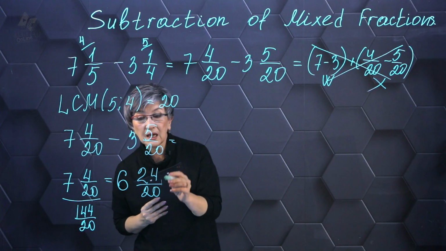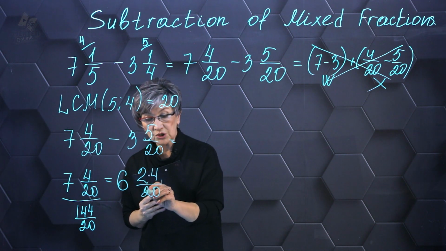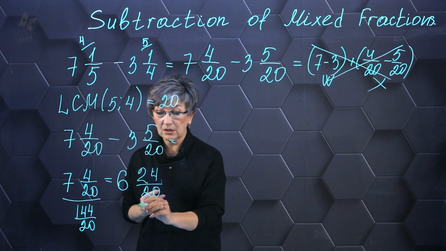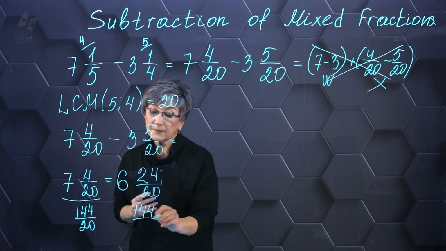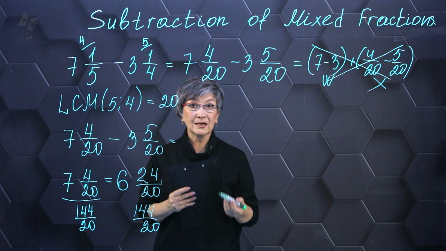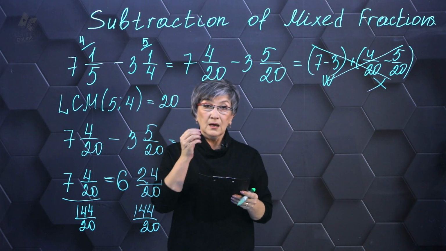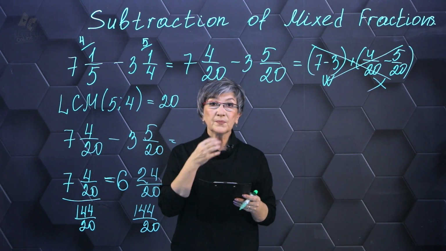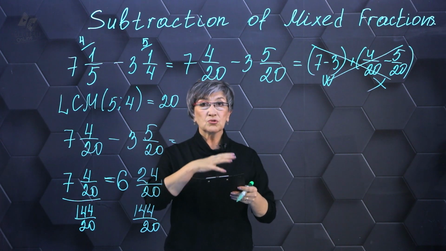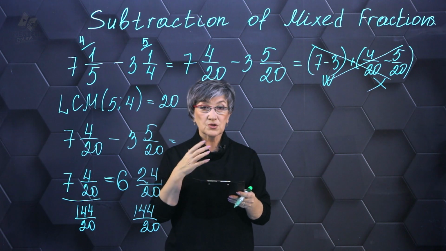What if I convert this mixed number to an improper fraction? 6 times 20 would be 120, and 120 plus 24 would be 144/20ths. We got the same number, so we did it right. Note that fractional numbers allow us to write a number with a different denominator, but the value is the same.